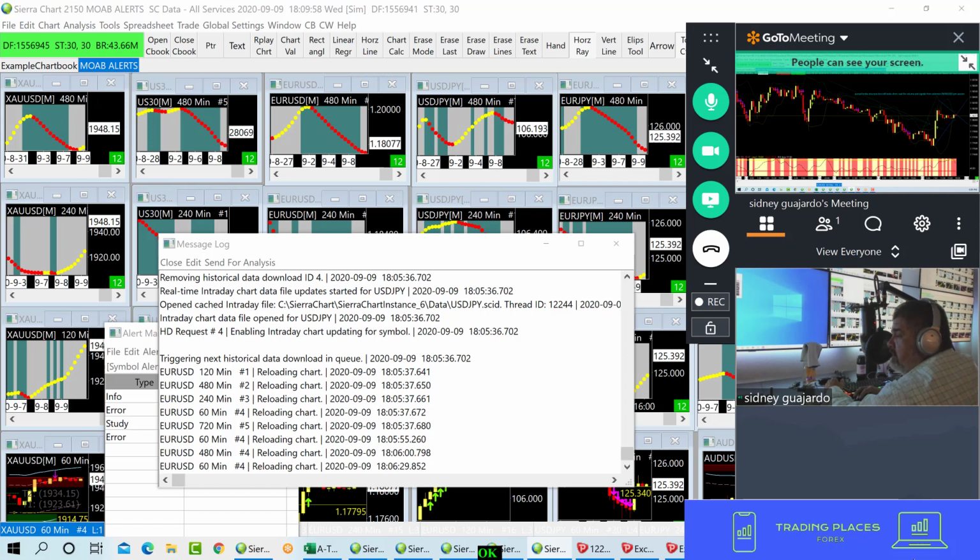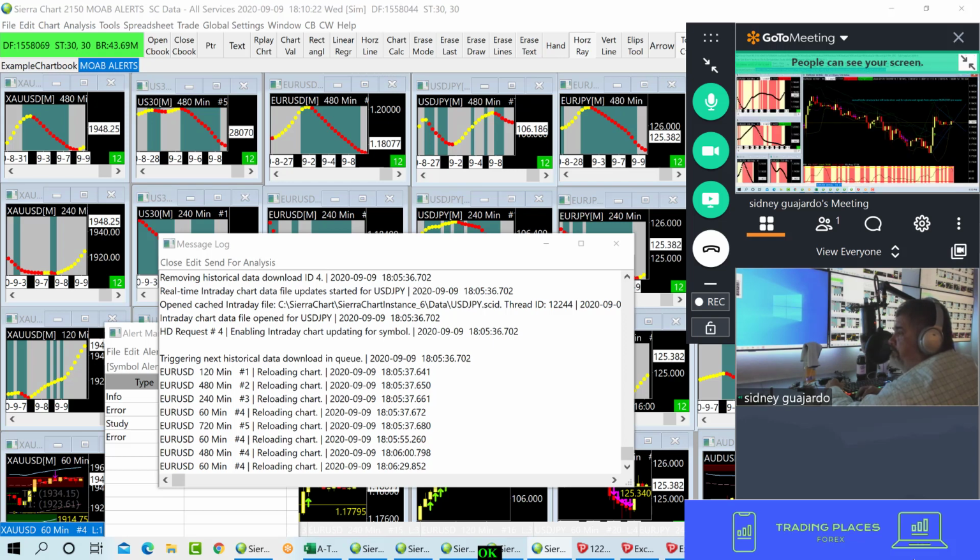Let's see what it is. Whatever this line is, it's got to break it. It's a pretty good support line. For some reason my eyes aren't working that good, but that's what we're looking at.